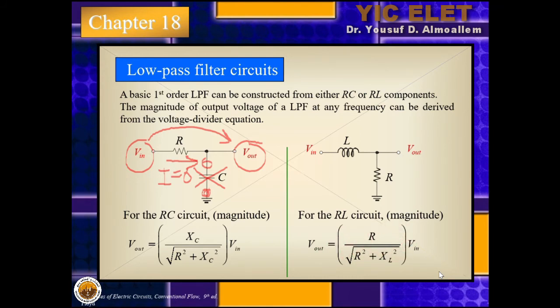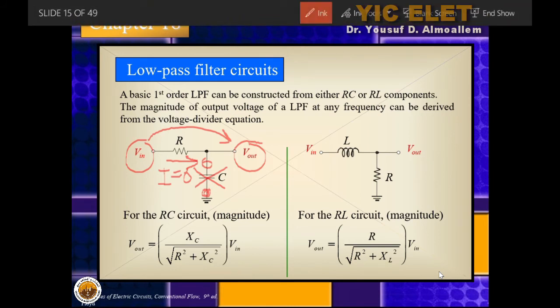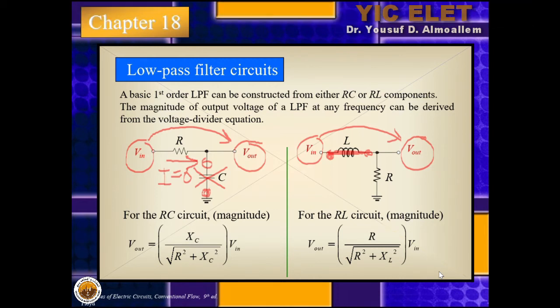Now let's test again using the same concepts. At low frequency, the inductor will act as a short circuit. When this is a short circuit, the entire voltage will drop over the R. So V out will be almost equal to V in. That's it.